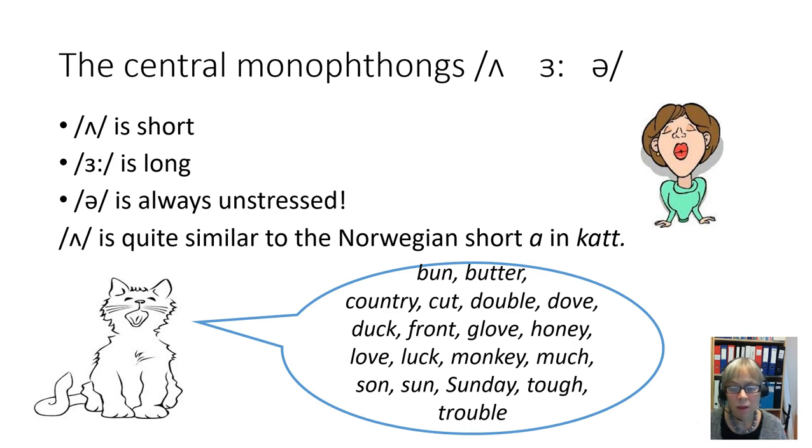For some reason, Norwegians tend to make these into bun, butter, or monkey, money, front. Note how all of these should not have lip rounding. There's no o or a rounded vowel in any of these. It's bun, butter.